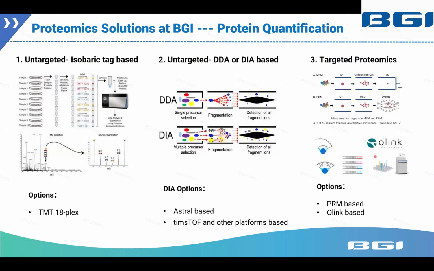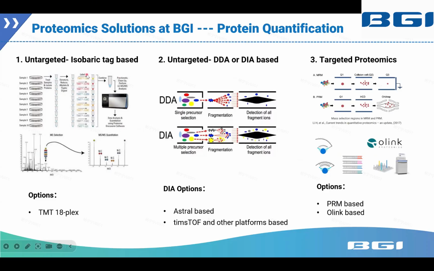And if your research requires more than just knowing what proteins are in the sample, you also need to quantify the protein expression and compare the differences between the different groups, then I think you will need the protein quantification products. Here we have 3 types of technology for protein quantification, which fall into untargeted and targeted.